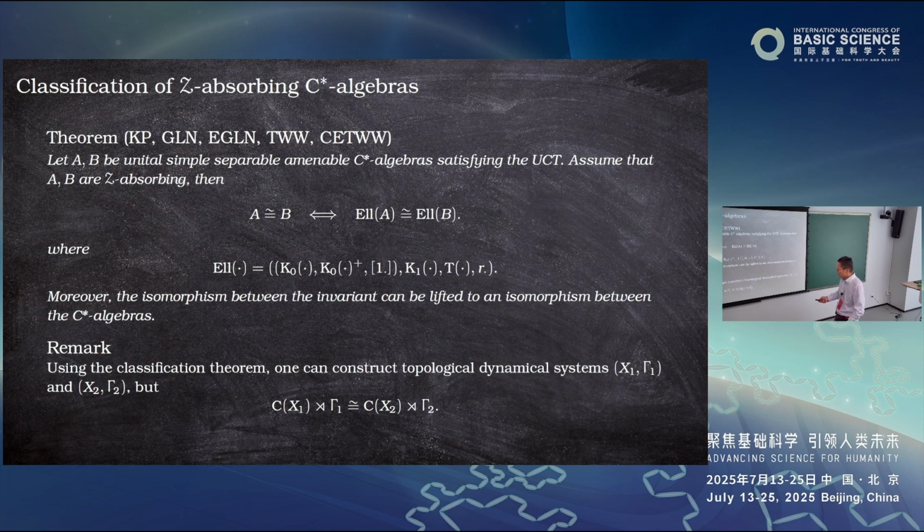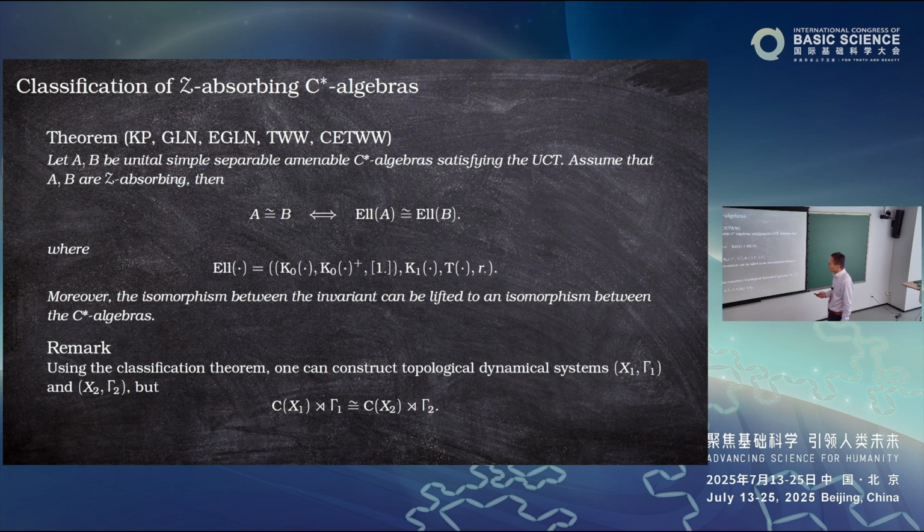So in general, one should not hope to totally recover the dynamical information just by looking at the ambient algebra itself. Lots of information will get lost, basically by the classification theorem.